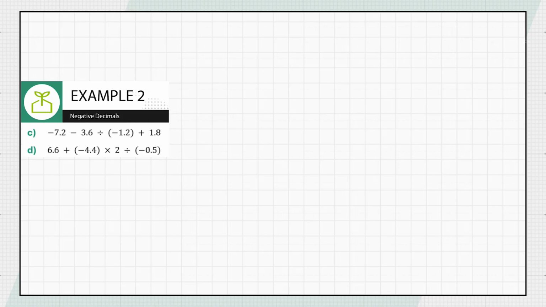Alright, let's get started. So for C, we had minus 7.2 minus 3.6 divided by minus 1.2 plus 1.8. So basically we just need to decide our order of operations first. So let's start out with our division, and then we have subtraction and addition, and we just do these left to right because they are of the same level.